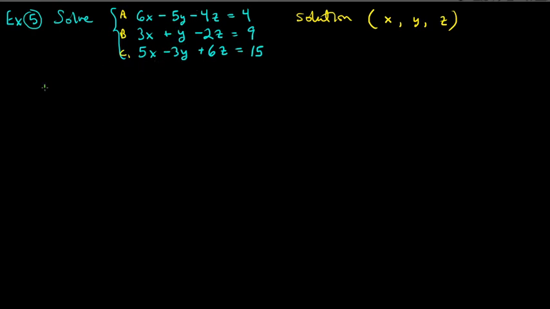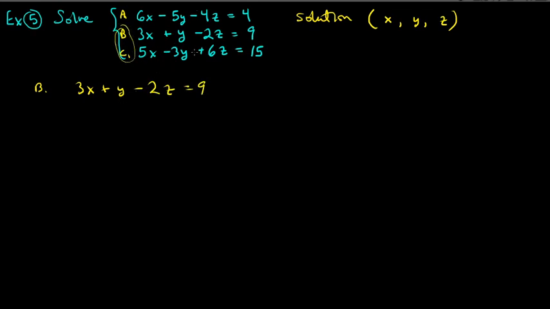Okay, so let's just look at equation B. Equation B is 3x plus y minus 2z equals 9. And if I want to eliminate y, let's do B and C first.